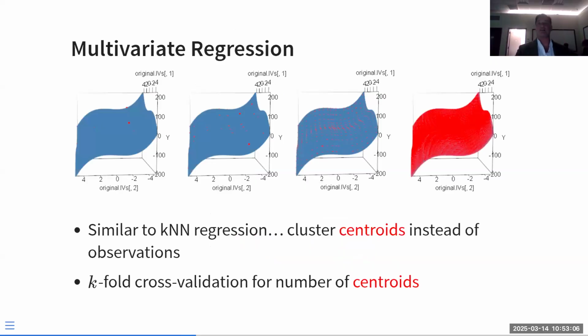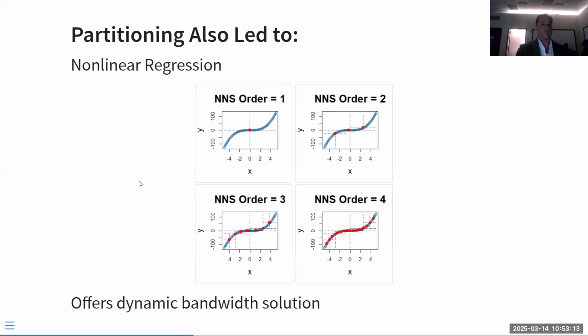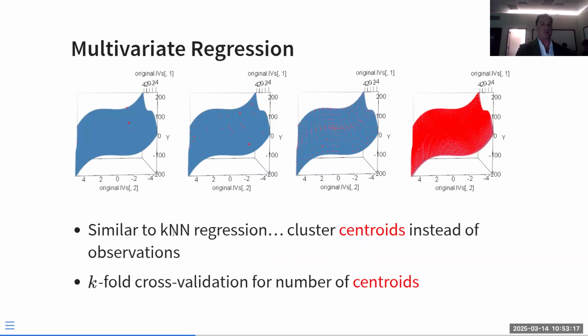So again, I extended this now to a multivariate regression where I'm partitioning each independent variable based on these iterative partitions, and it essentially is laying out a grid along the bottom here. Then for each grid point, I compute the mean in this volume area.